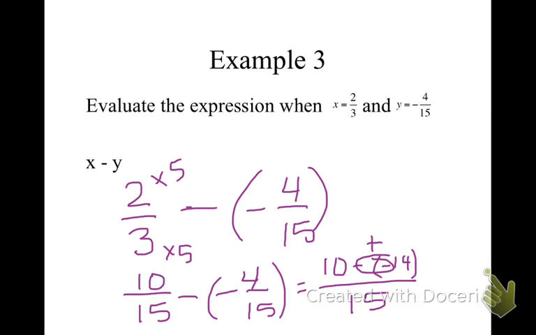So our answer becomes, and I see that I got a little bit hasty here in writing this. There we go, make sure that we have it right. So 10 minus a negative 4 is going to be 10 plus 4, or 14 over 15.